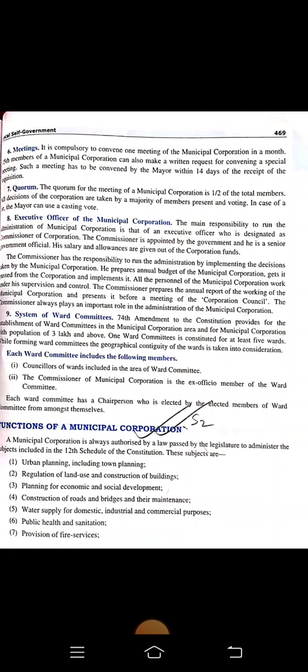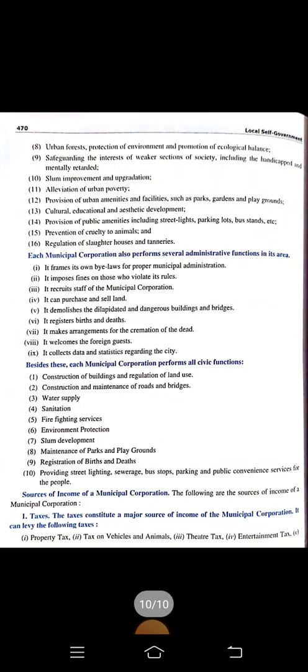Also urban forestry, protection of the environment, safeguarding the interests of weaker sections, slum improvement, prevention of cruelty to animals and regulation of slaughterhouses.